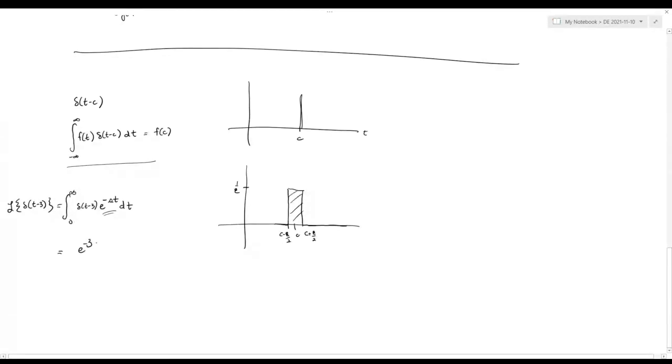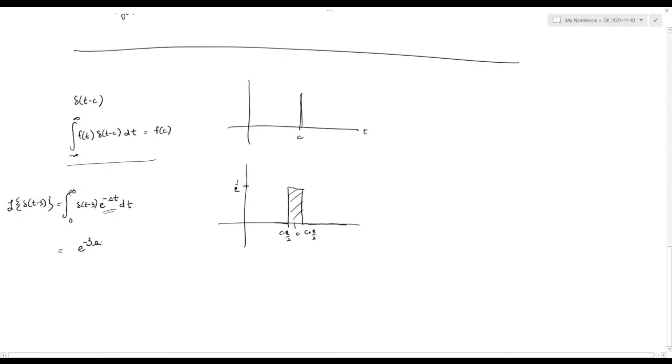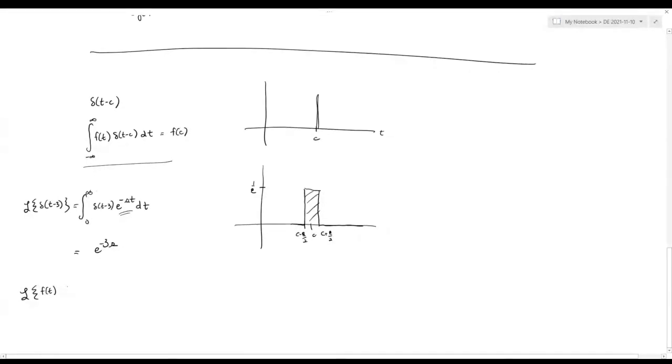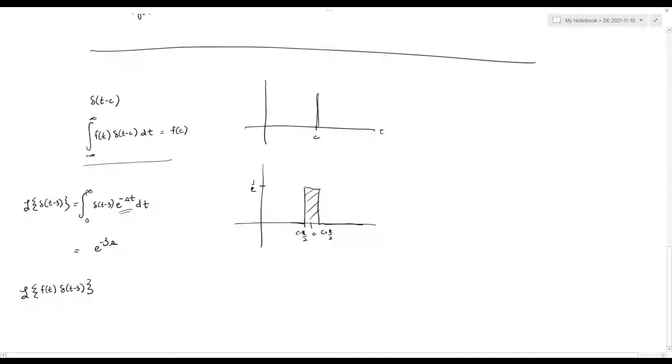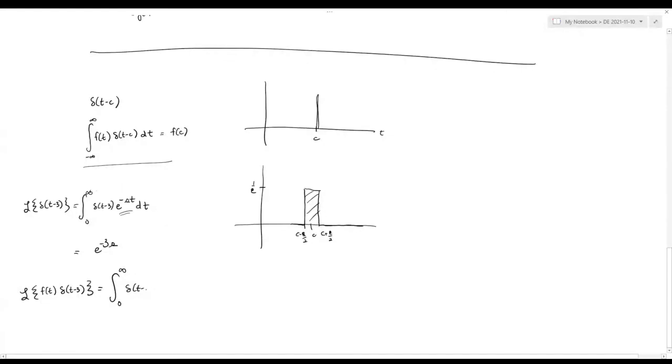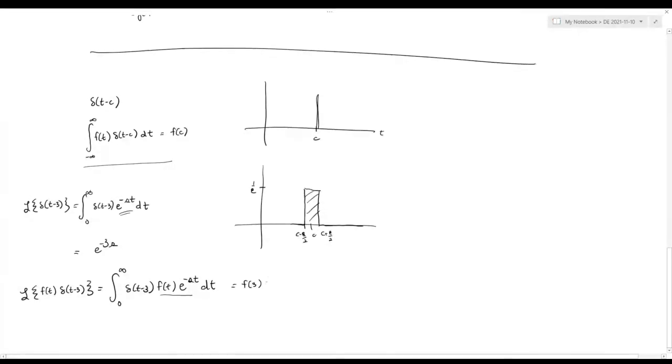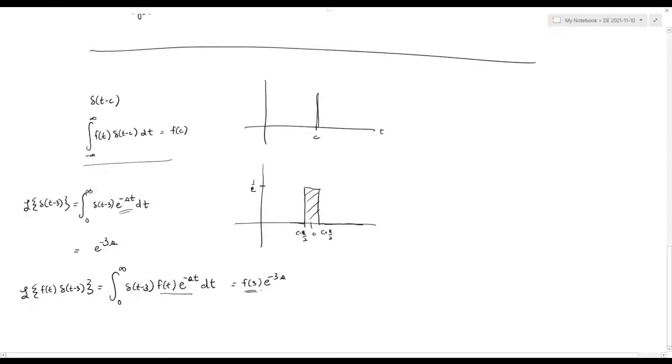So e to the minus 3s. This is like formula 26 on your Laplace table. And if you have the Laplace transform of a function times its delta, it just gives you this evaluated at 3. So that would be f at 3 times e to the negative 3s, just some constant, so it really doesn't matter.